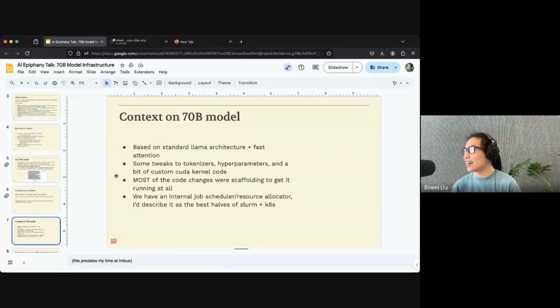And then I was going off here. One other charm I'm working in a few is we have an internal job scheduler for allocating GPU compute resources. It's not Slurm, which obviously is very popular in the community. It's not Kubernetes, which is, I feel like, the other big player in the scheduler space. But I'm very happy with it.